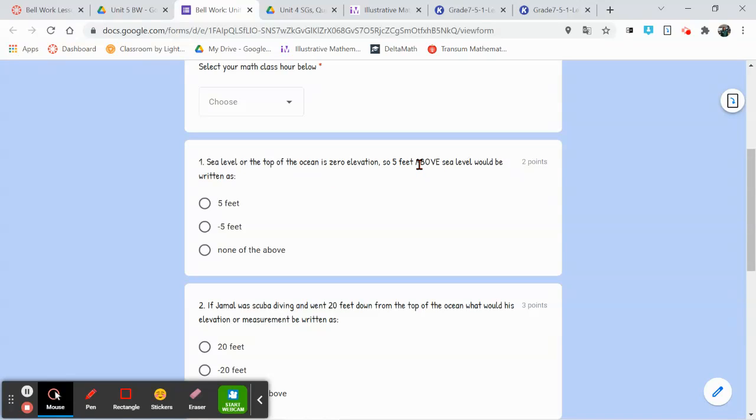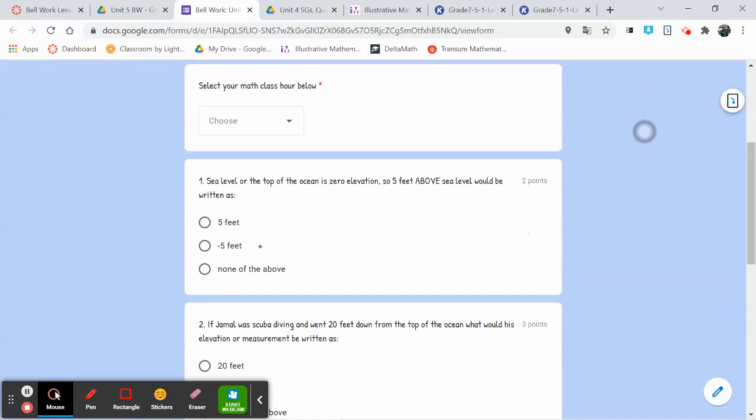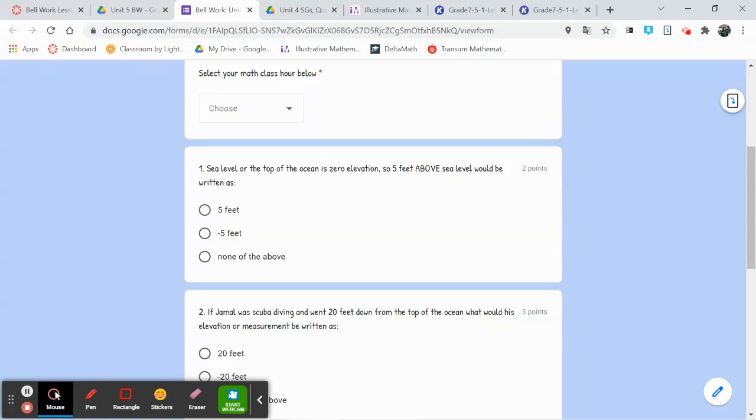All right. So it says sea level, or the top of the ocean, is 0 elevation. So 5 feet above sea level would be written as 5 feet or -5 feet, or none of the above? Remember the horizontal number line I showed you? Oops. Get my pen to work here. There we go.